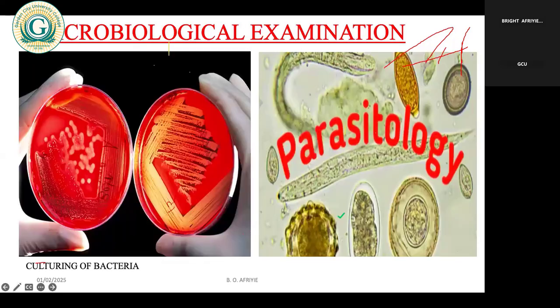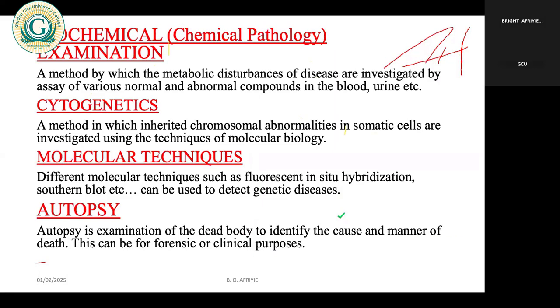So we move on to the biochemical examination or the chemical pathology. For chemical pathology, here we are looking at metabolic disturbances, like I said earlier, where if somebody decides to abuse alcohol, we know what will happen. At the end of the day, the liver will have a problem. The liver can be cirrhosed, right?